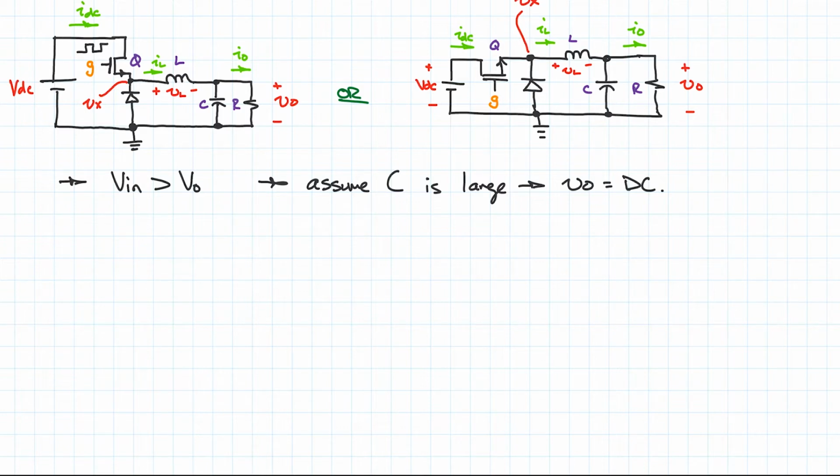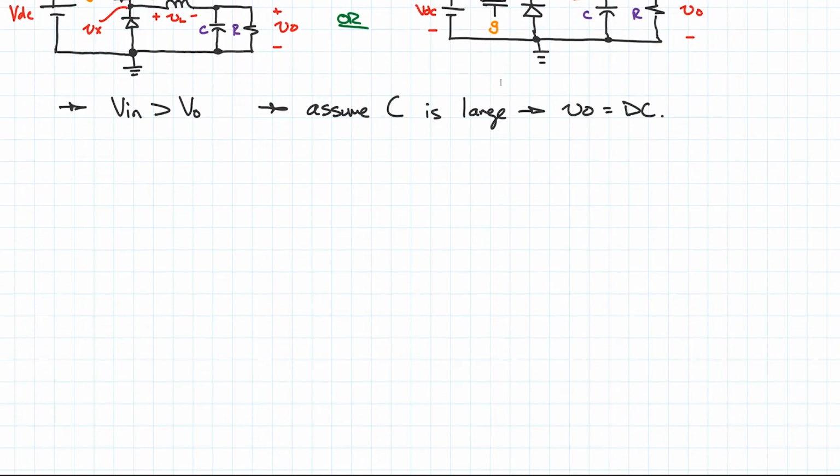So how do we analyze these circuits? The way to analyze them is to break them up based on the switching periods. In one case we'll have the switch on, in another case we'll have the switch off. The goal here is to plot the main parameters: G, Vx, VL, VO, and IL.